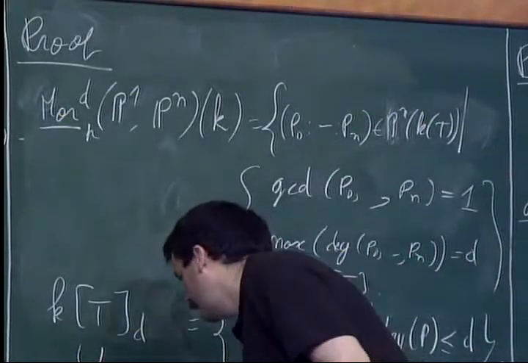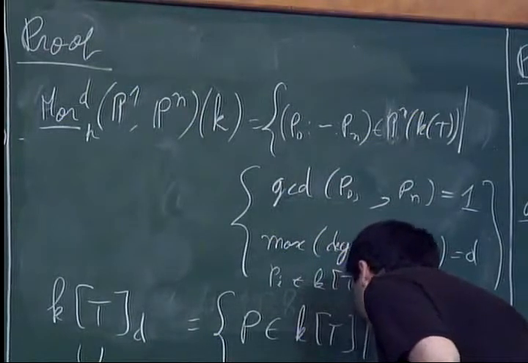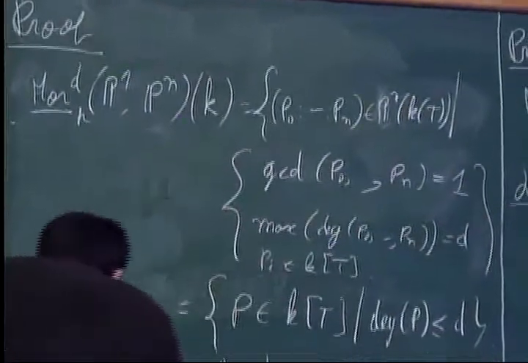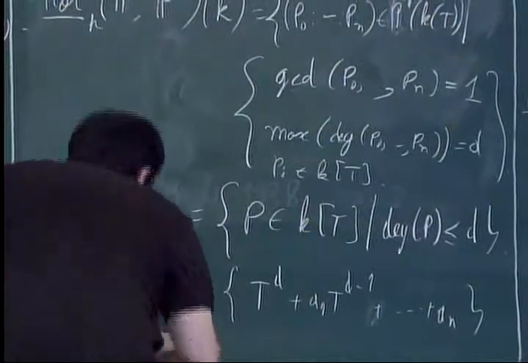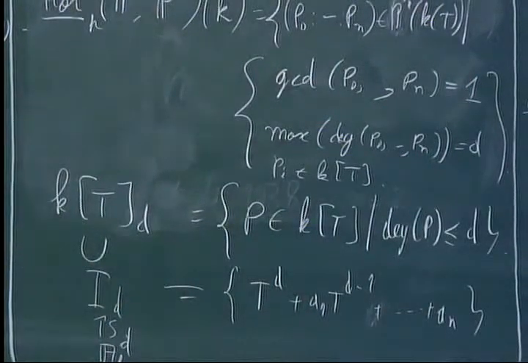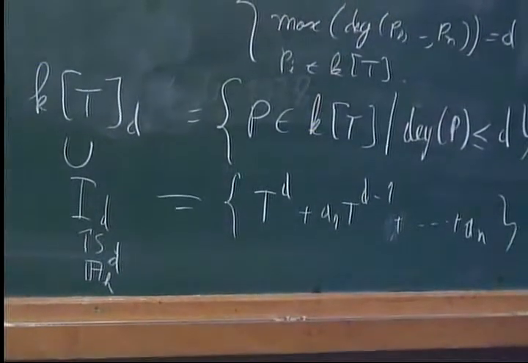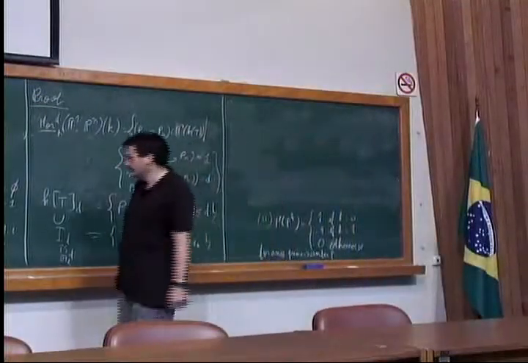Let's denote it by I_d. So these are the polynomials of the form T^d plus a_1 T^(d-1) plus and so on. And of course, this is isomorphic to the affine space of dimension d over k. Then the condition about the maximum of the degrees being equal to d is very easy to understand. The only thing which remains to understand is a GCD condition, exactly as in the number field case. And again, it's quite easy.